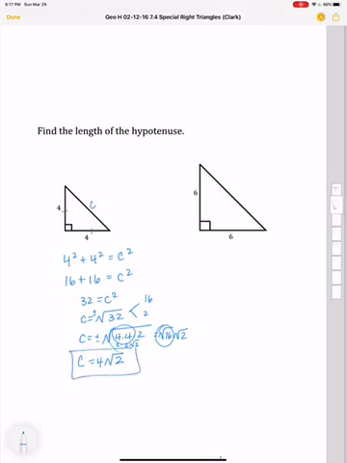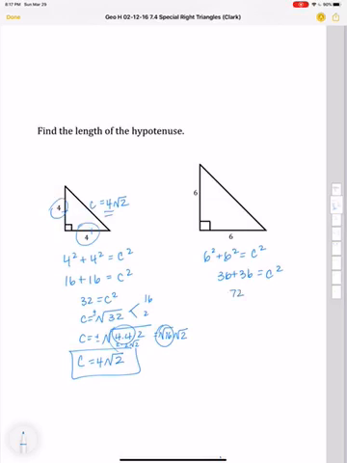So let's see, if this is 4 root 2, and these were 4, I wonder if that's always just the same number and then the square root of 2. Let's try this one. So we have the same thing, 6 squared plus 6 squared equals c squared. So 36 plus 36 equals c squared.